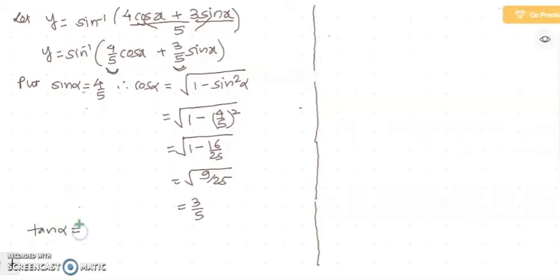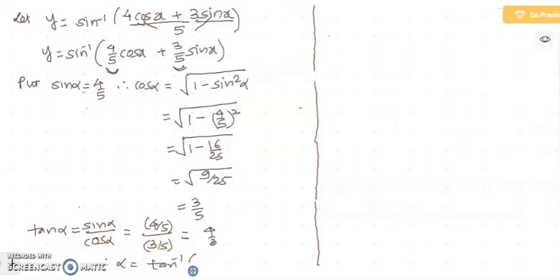Tan alpha is equal to sin alpha upon cos alpha, which is 4 by 5 divided by 3 by 5, so you get 4 by 3 as tan alpha. Therefore alpha is equal to tan inverse of 4 by 3. We shall require this later, so I shall keep it for a while as it is.